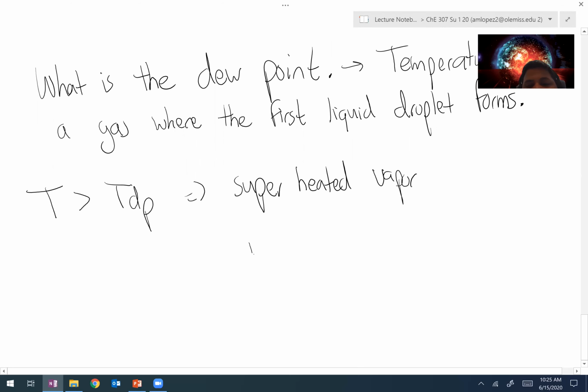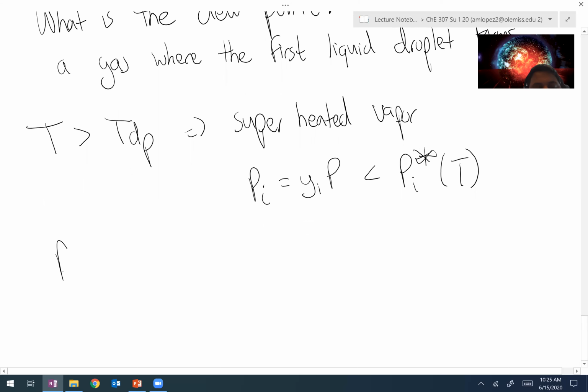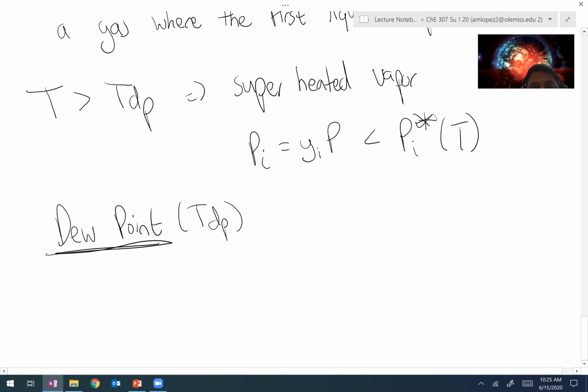And that tells us that the partial pressure of our substance, which we already know is mole fraction times the total pressure, is less than the saturated pressure at that temperature. And so the dew point, which I'm going to say T sub dP, is the temperature where the partial pressure equals the saturation pressure at that specific temperature.